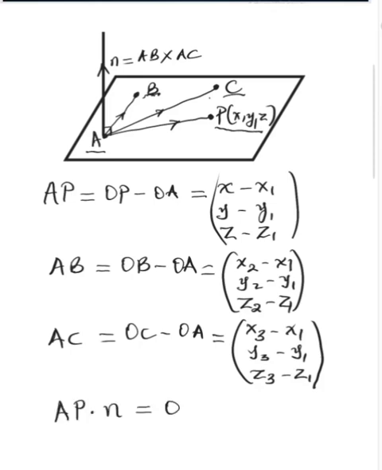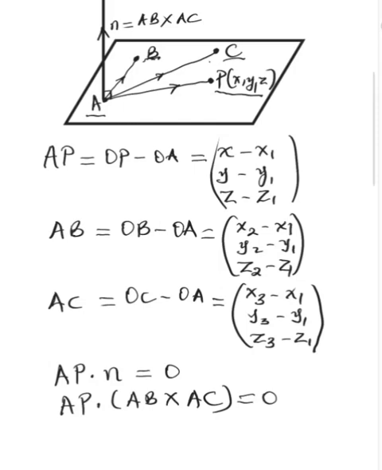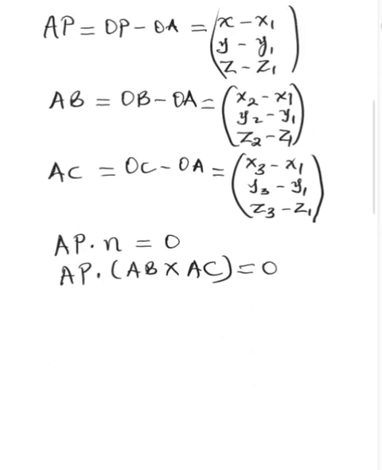So we note that AP dot n should be equal to 0 since they are perpendicular vectors. And so we can now write that AP dot AB cross AC, since n is AB cross AC, should be equal to 0.